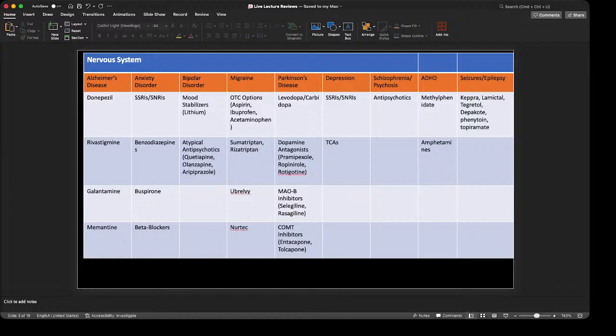And that is a controlled medication as well. So I just wanted to give that to you so you guys know about some of these things. I think that's pretty much all I could see here.